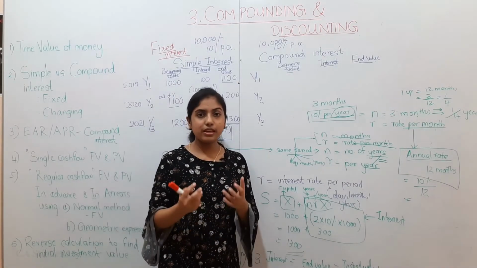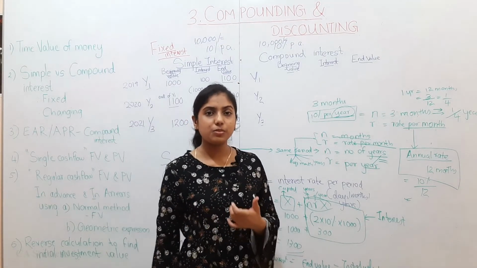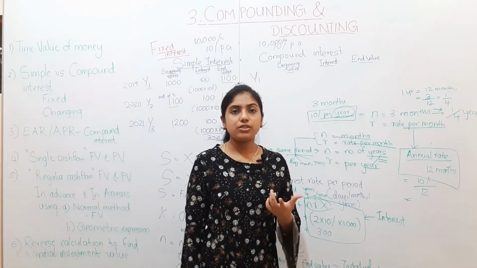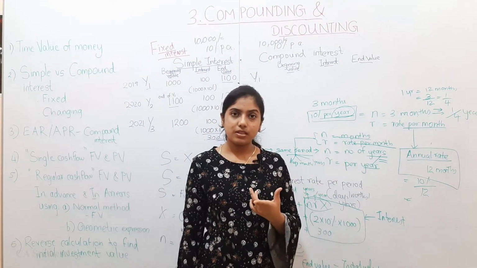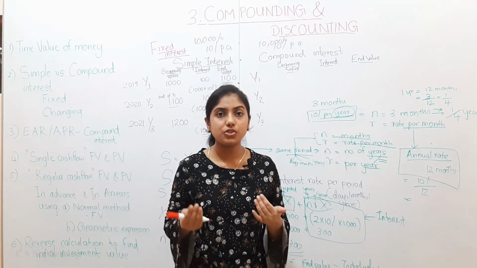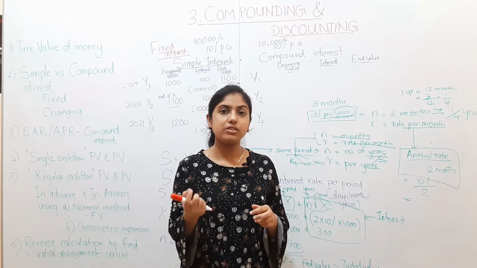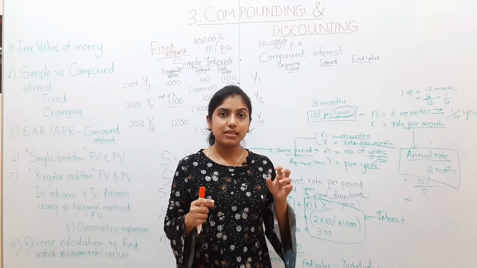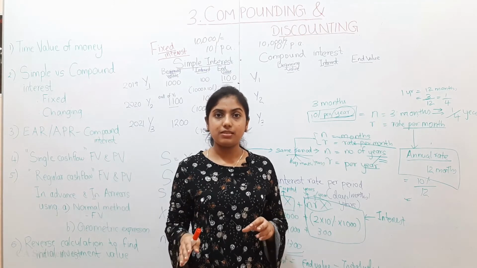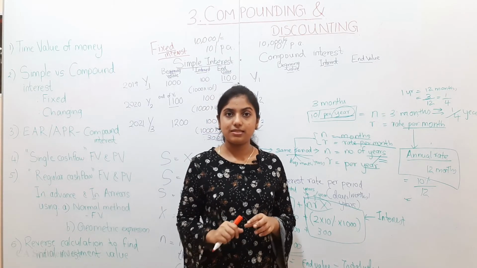That means if they say in the question that the investment will stay for 3 years and the interest rate is 10% per annum, fixed for 3 years, and they didn't mention that it will change, that means 10% is applicable for the entire investment period, which is 3 years.